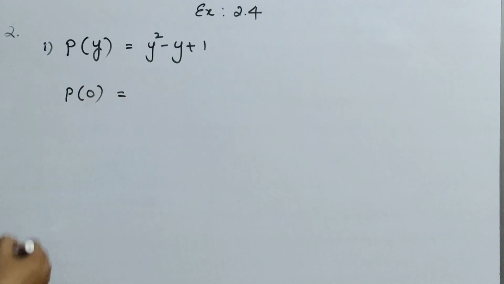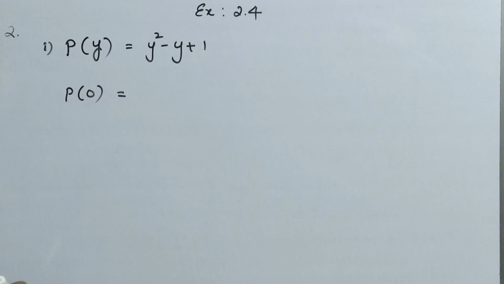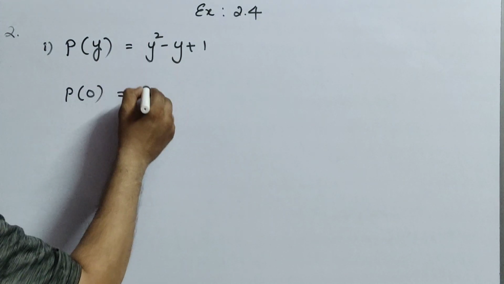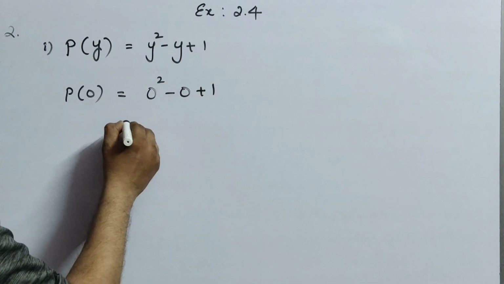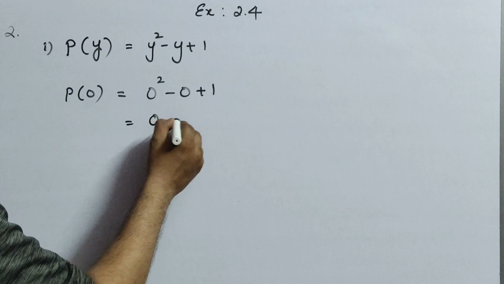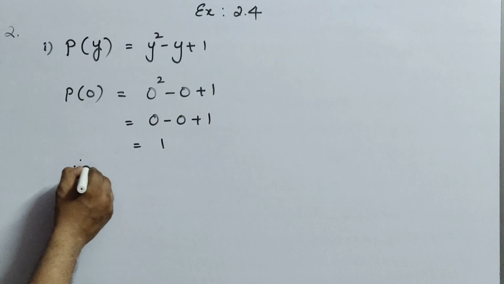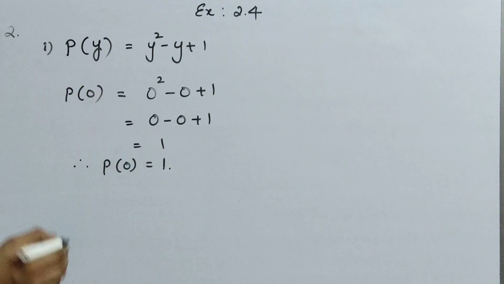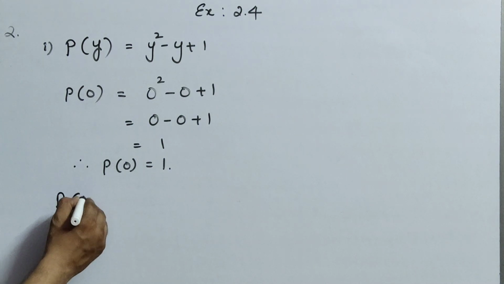So p of 0 means, what do you have to write? Wherever y is there, you write 0. So p of 0: y square means 0 square, minus 0, plus 1. 0 square means 0, minus 0, plus 1. So p of 0 is 1. Therefore, p of 0 equals to 1. For the same question he asked p of 1.